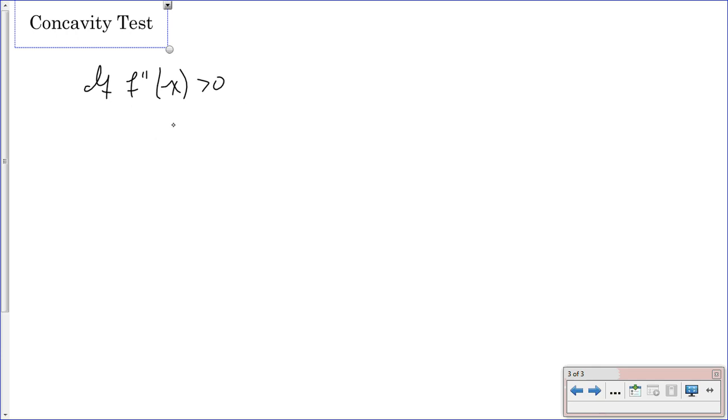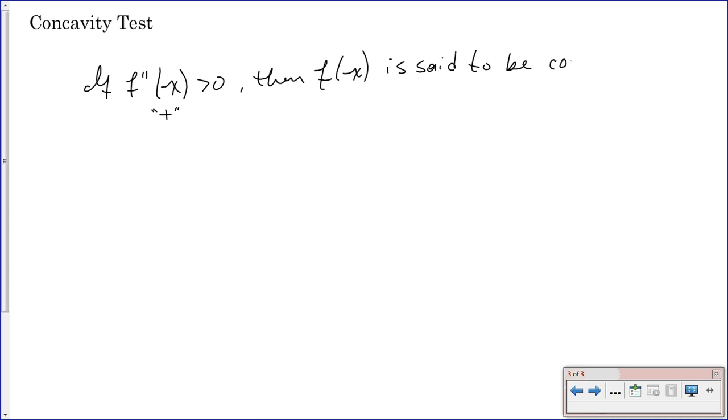So your concavity test. If f double prime of x is greater than 0, so that means it's positive, then f of x, so your original graph, is said to be concave up.